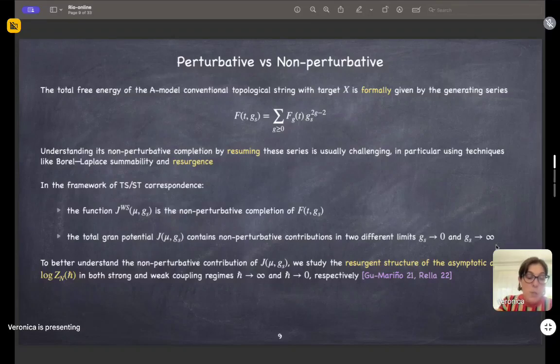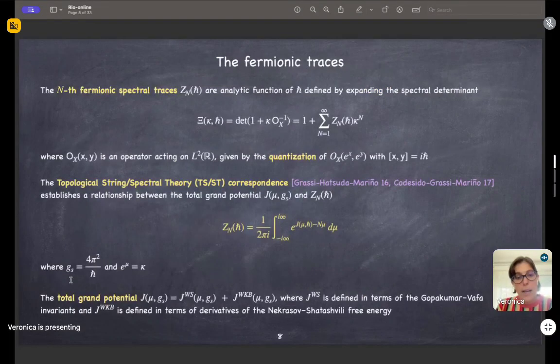But since we have this conjecture of the TS/ST, we can try to understand and study this dual grand potential by studying a slightly nicer function, which is the logarithm of the fermionic spectral trace. So let me go back here. You have the relation between the two, which is a bit convoluted.